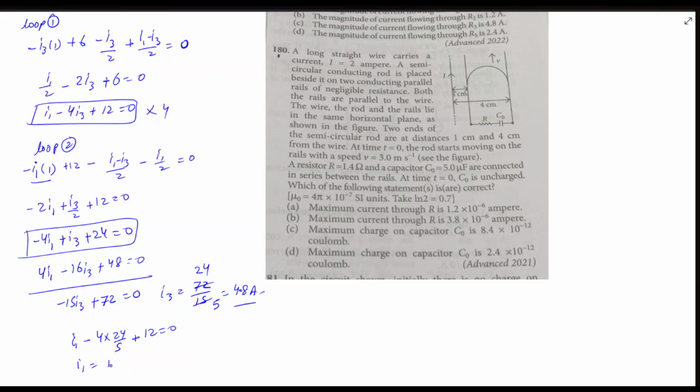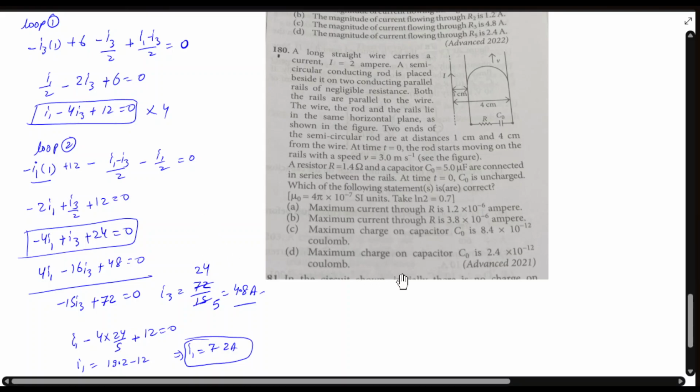Let me use a calculator real fast. So 19.2 minus 12. So I1 will be 7.2 ampere. Okay. Now let's solve.